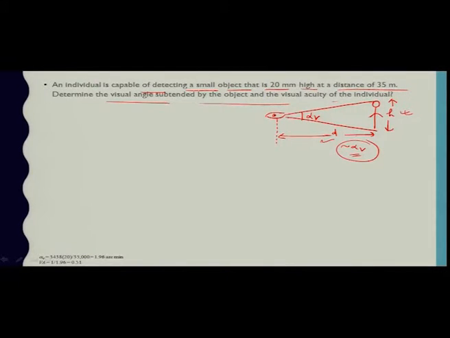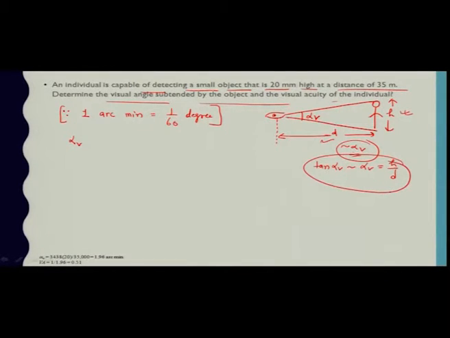That radian of arc is usually converted into arc minutes. How do we convert it? 1 arc minute is about 1/60 degree. So alpha v equals h by d.